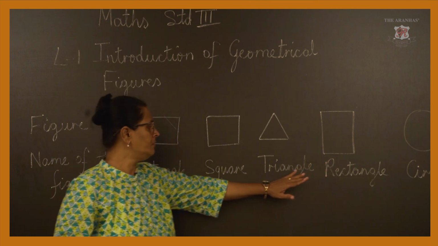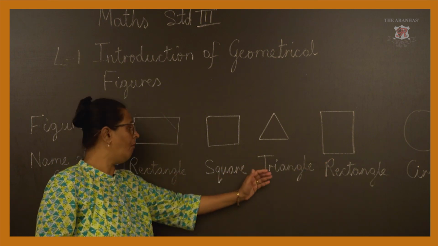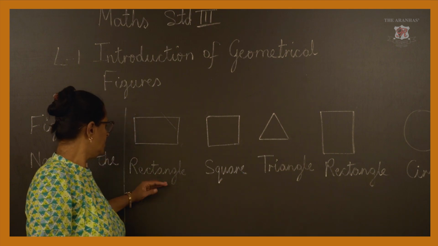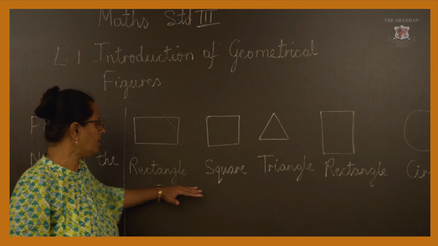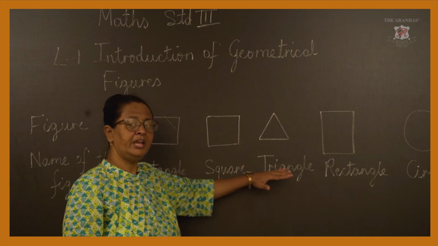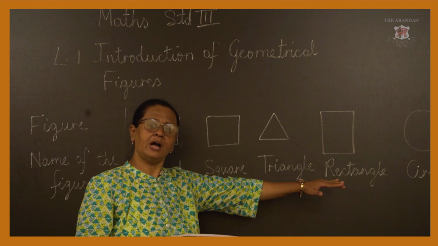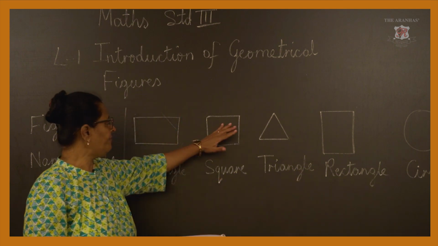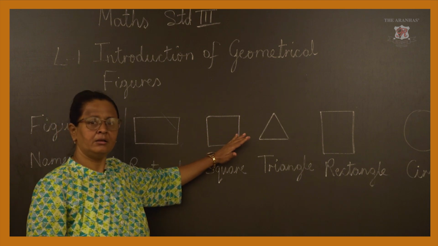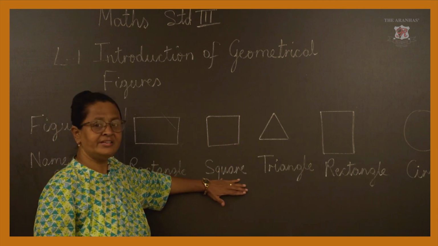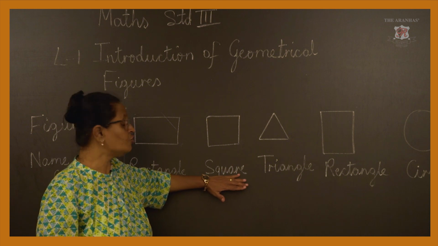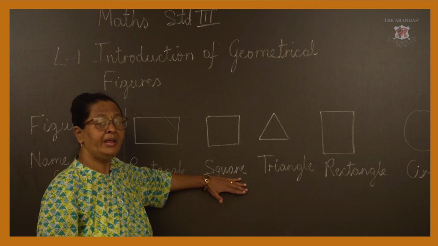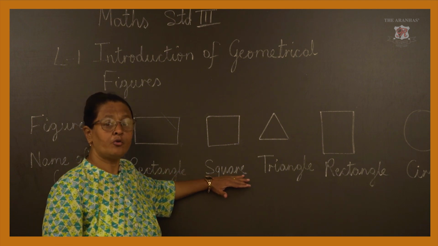You should know the spelling of all of these. Repeat the spelling of each geometrical figure after me, so that even if you are shown the figure and asked to name the geometrical shape, you should be able to write it on your own.